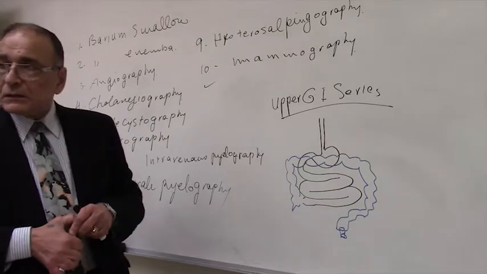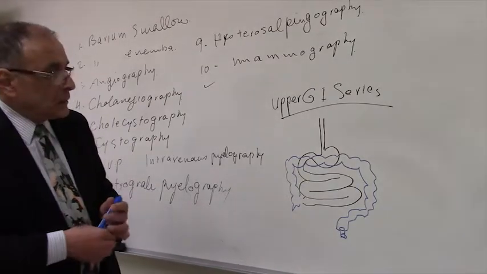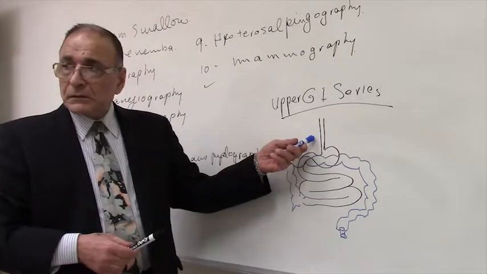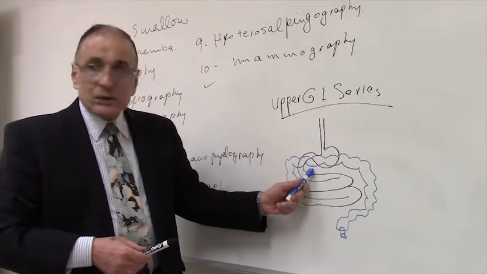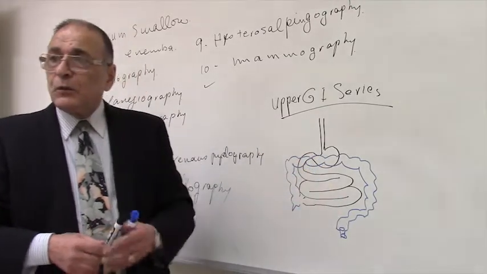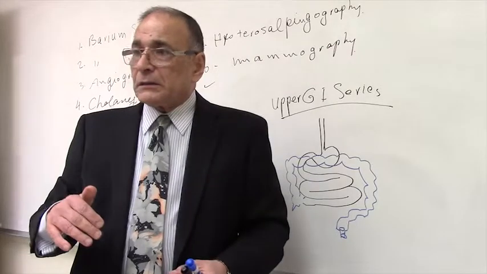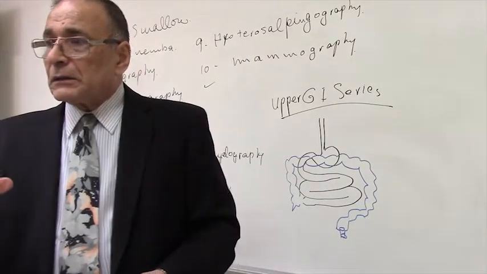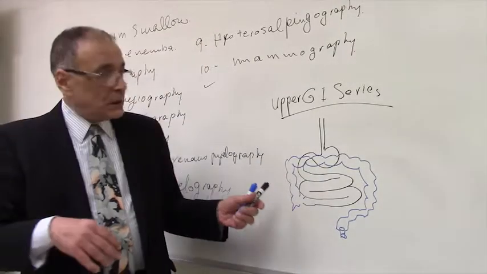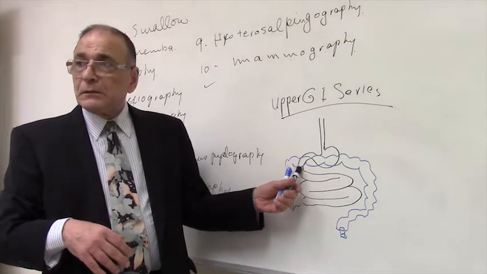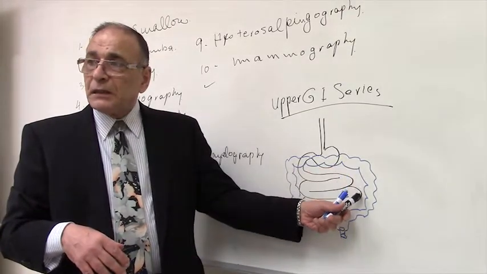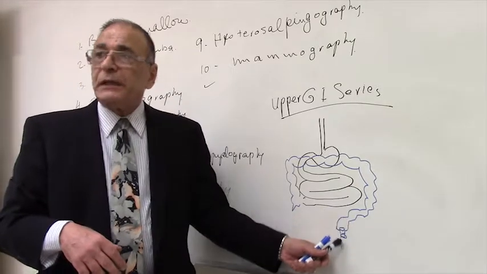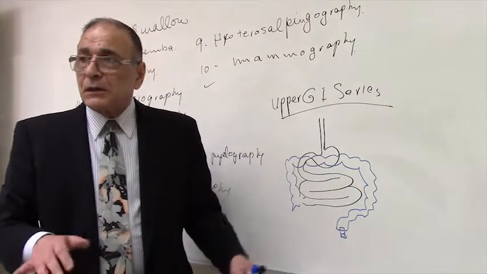The whole tract from the esophagus, stomach and small intestine, we call the upper gastrointestinal tract. Starting from the colon, the large intestine, ascending colon, transverse colon, descending colon, sigmoid colon, rectum, anal canal, all this is the lower gastrointestinal tract.